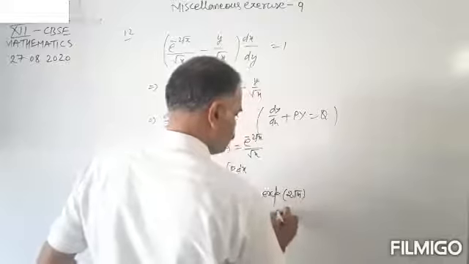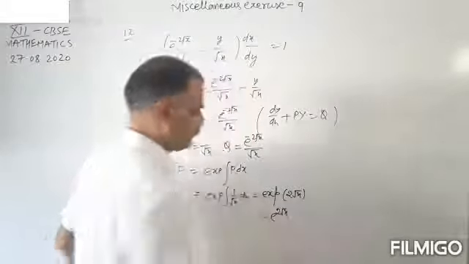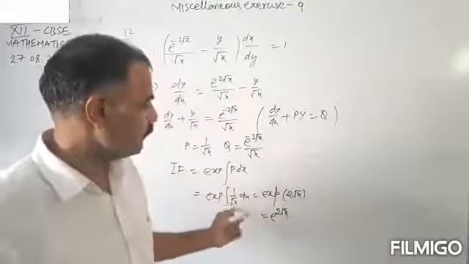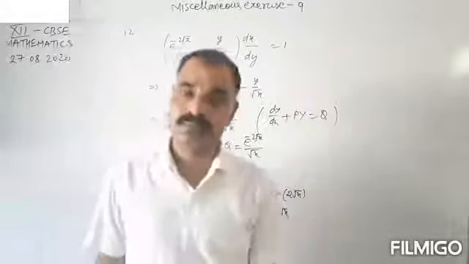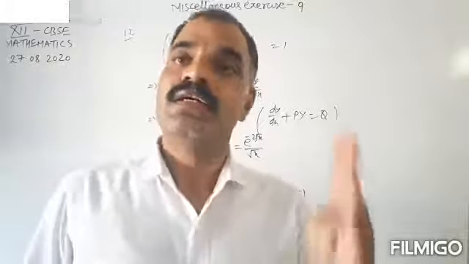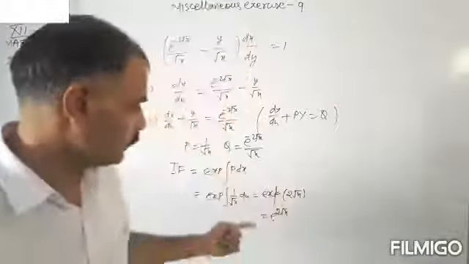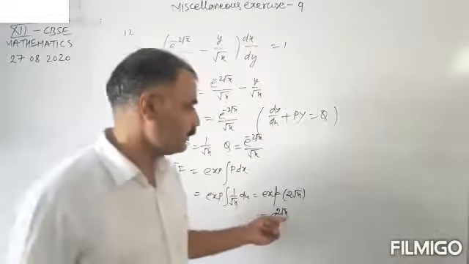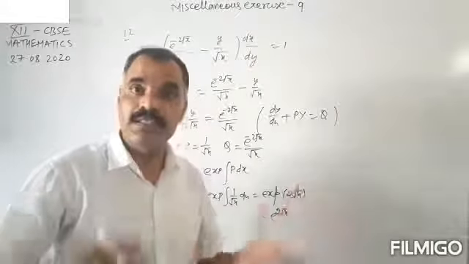That is equal to e to the power 2 under root x. Integration of 1 upon under root x is 2 under root x. So this is e to the power 2 under root x. This is the integrating factor.